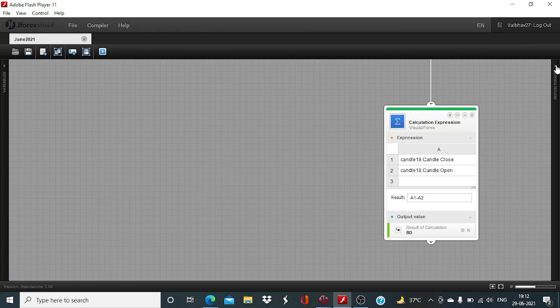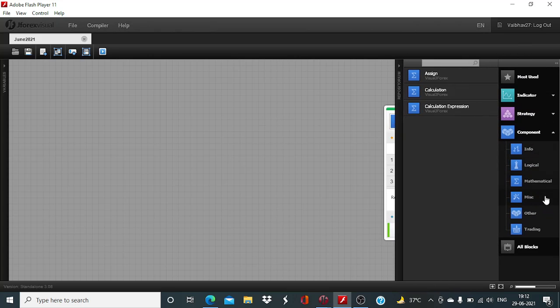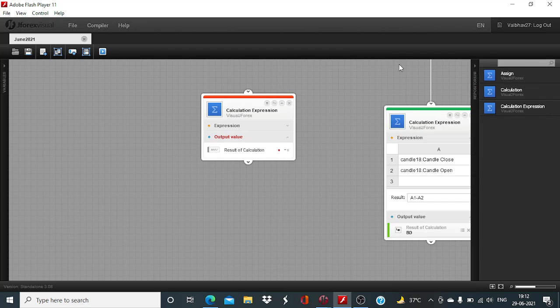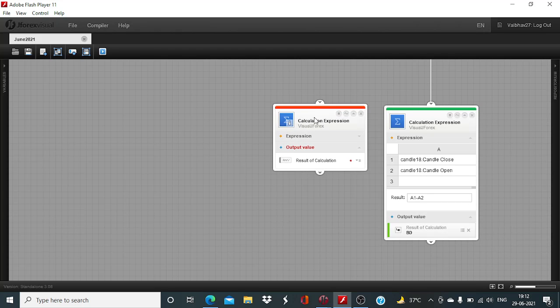We will deduct this difference from the last tick price. So we are going to need one more calculation expression block.